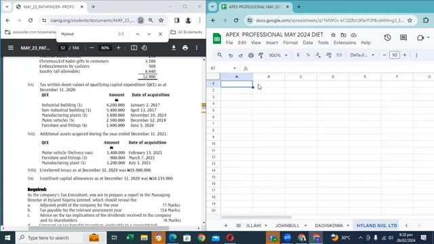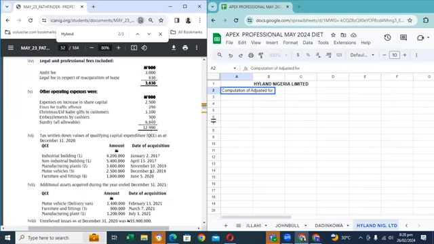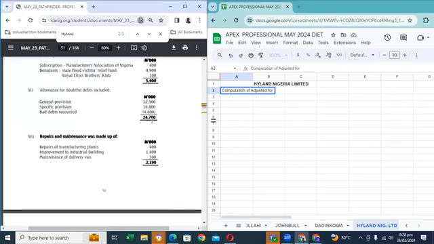So we'll say Island Nigeria Limited, right? Computation of adjusted profit. So what is the year of assessment? We'll check the accounting year. What's the accounting year?